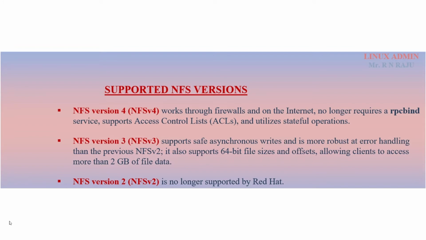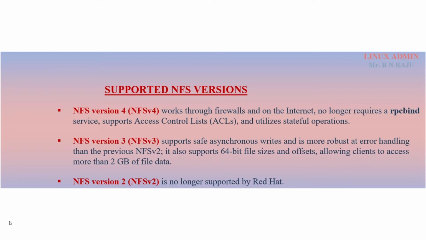NFS version 3 supports safe asynchronous writes and is more robust in error handling than the previous version. It also supports 64-bit sizes and offsets, allowing clients to access more than 2 GB of file data. So you can share more than 2 GB of file systems through NFS version 3, with asynchronous writes and easier error handling.